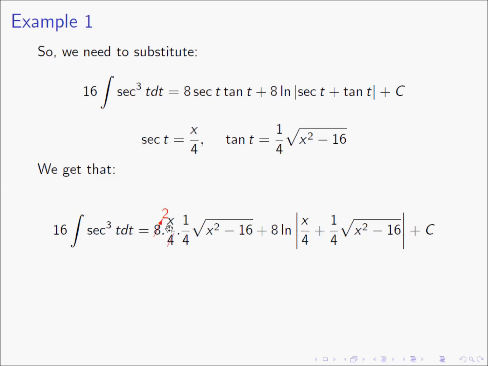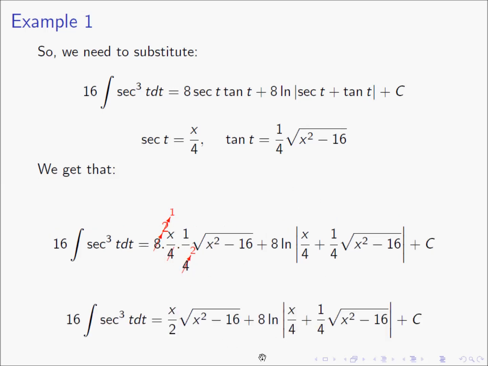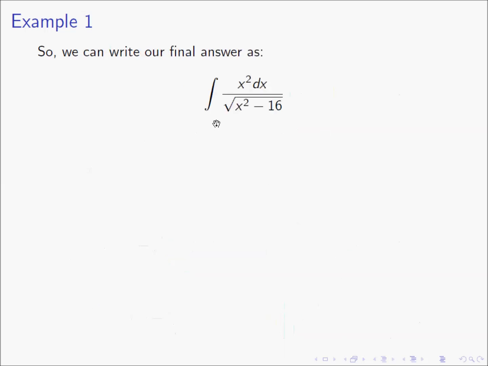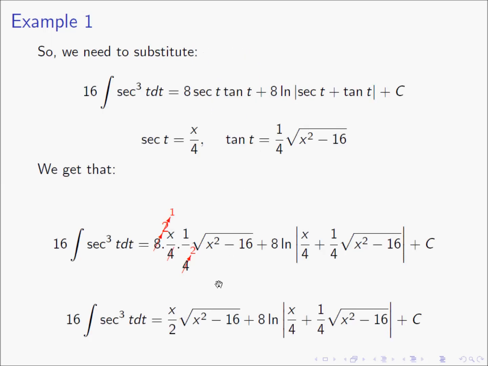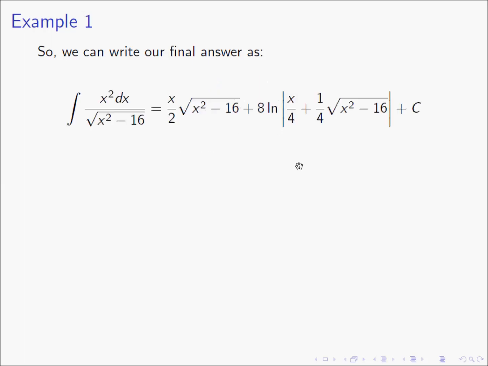We can cancel the 8 here with the 4, and the 2 with this other 4, and we get this final answer. And here we replace secant by our original integral to write the final answer.